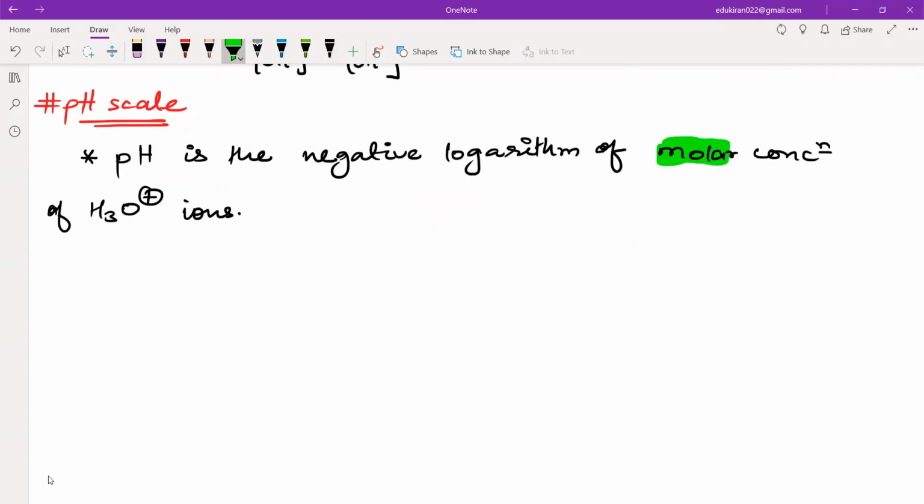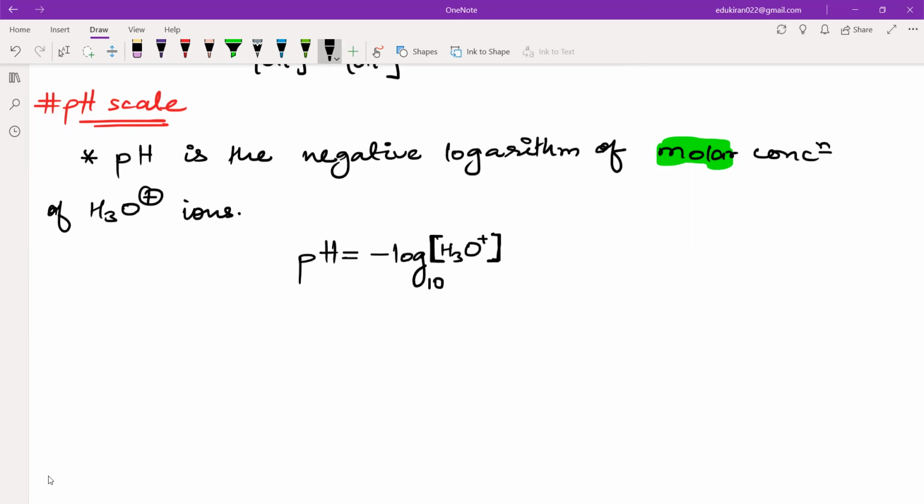Which concentration? Molar concentration of H3O plus ions. That means mathematically pH is equal to minus log of the concentration of H3O plus. The molar concentration is shown in square brackets. Whenever you have square brackets, that just gives you the molar concentration, and the base is 10. We'll understand all of these things.